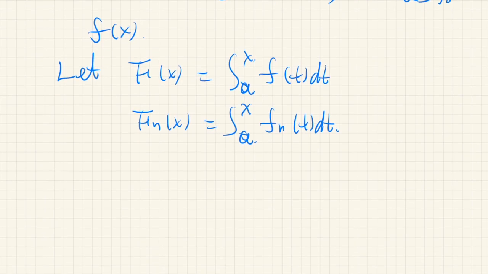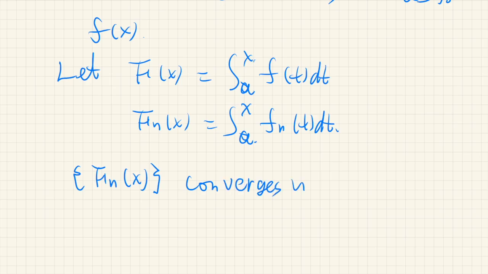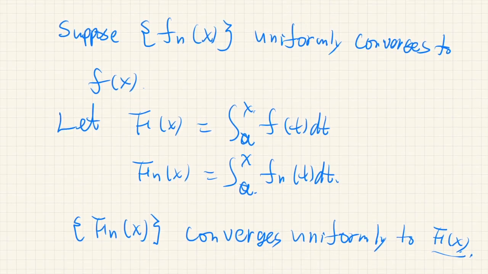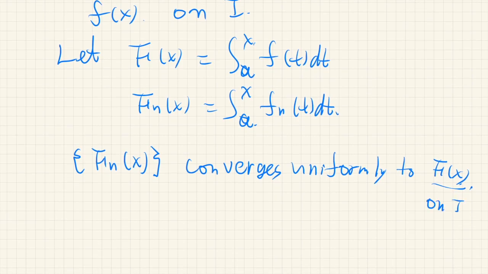Then the new sequence of functions, these primitive functions, converges uniformly to this function. By the way, we are assuming some interval I in all of this, so this is also on I.